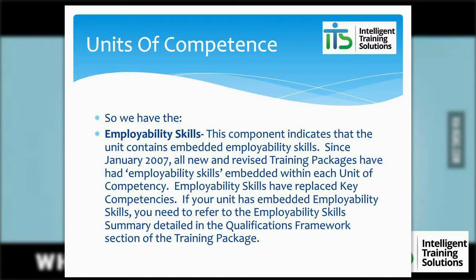It was their way of saying, we think once we wrote this, everything that makes up employability skills was already taken care of, so trust me, it's there. As a result, they've kind of died a slow death, and the new units don't even reference them.